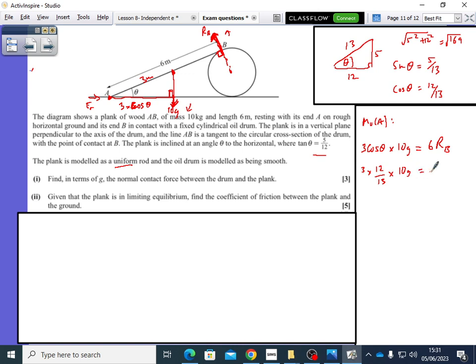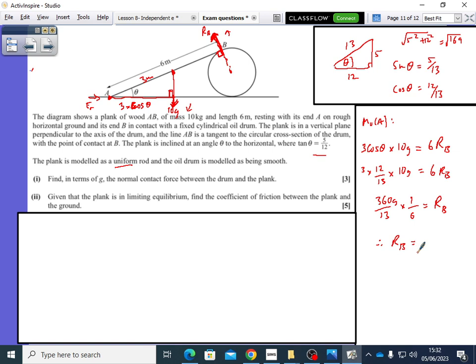Let's just do this at the moment. 6 R_B, so that's going to be 360g over 13, and then take that 6 over, so that will be the reaction at B. So the normal contact between the drum and the plank will be that R_B. So therefore, if you put that in your calculator, just give me 1 second.